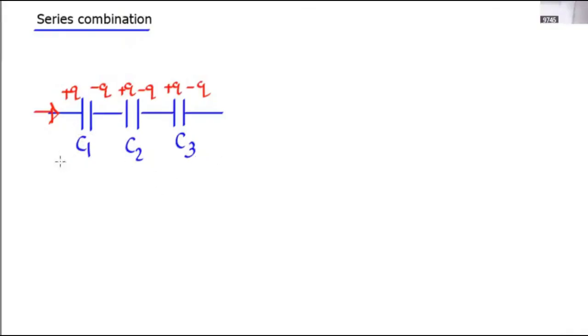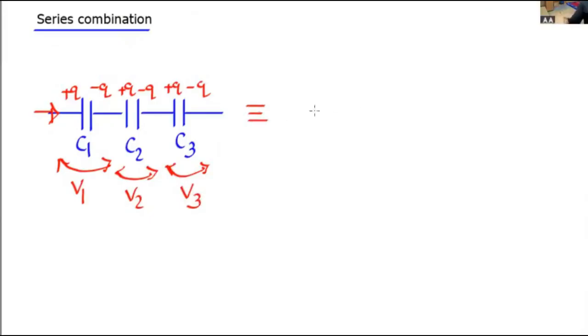Then the potential difference across C1 is V1, across C2 is V2, and across C3 is V3. Then we can consider the total capacitor like this. This is the total capacitor.